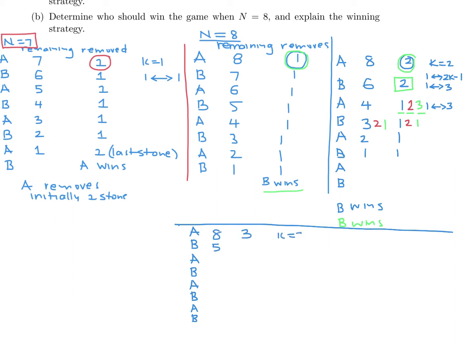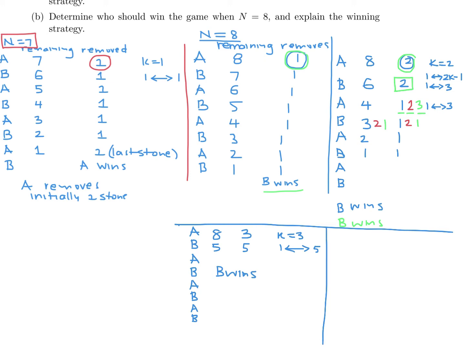K is 3, so that means Beryl has a choice to choose anywhere from 1 to 2K minus 1. When K is 3, 2K minus 1 will be 5, correct? Okay, so Beryl can choose anywhere from 1 to 5. Well, choose all 5. And that way you've selected all the stones, including the last stone. Beryl wins.